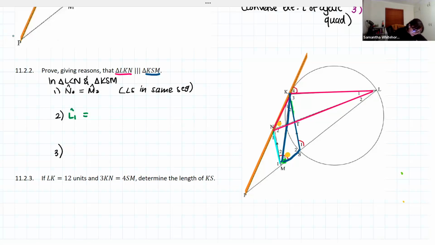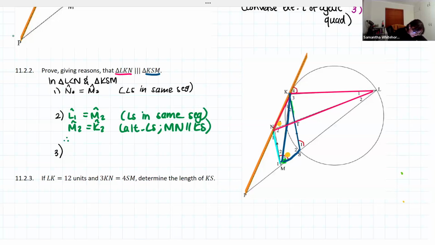L1 equals M2, angles in same seg. But M2 is equal to K2 because of alternate angles, because NM is parallel to KS, and so therefore K2 is equal to L1 because they are both equal to M2. So a very similar situation to what we had in the first question where we had to do a little bit of work before we get there.